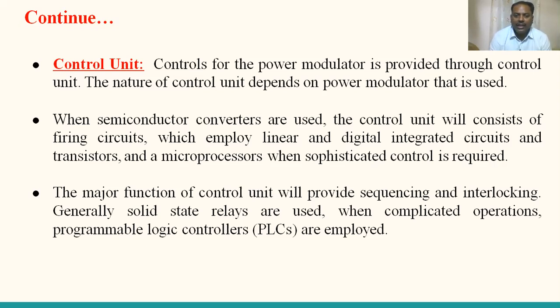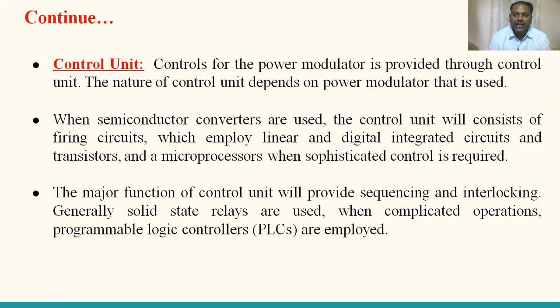So the major function of the control unit is to provide a sequence of pulses during a specified time period. That is nothing but the interlock. Generally, solid state relays are used. Relays in the sense, this is also a kind of switch. These relays give the signal to the thyristors.